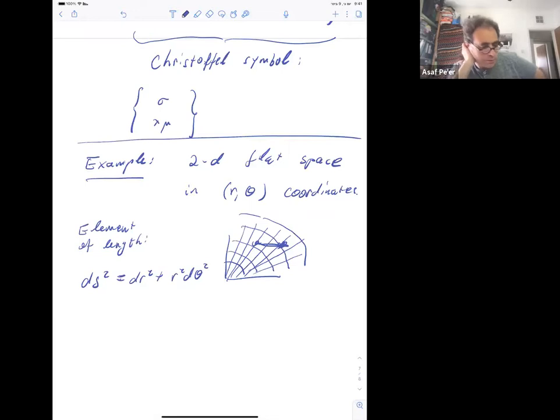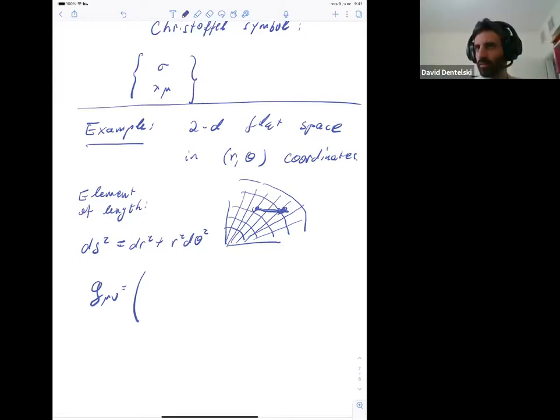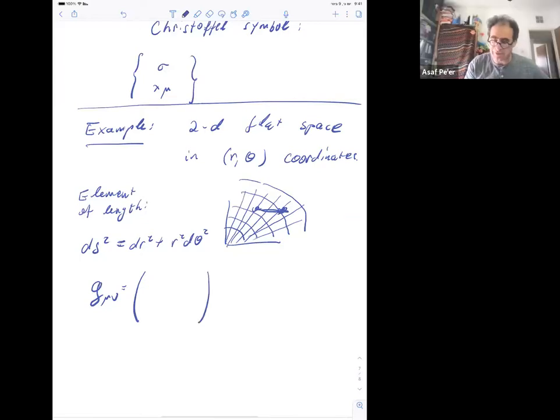So once you see that, what will be the metric tensor of this 2D flat space? It's a tensor, so it has dr and d theta components. The first term will be 1.